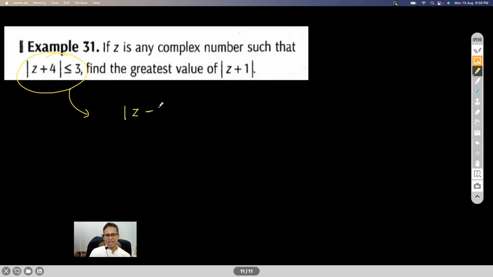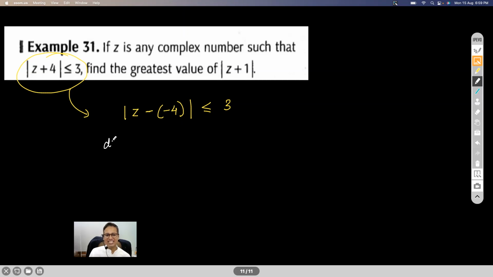Mod of z minus 4 less than or equal to 3. So as a person who has understood the geometrical meaning of mod z1 minus z2, how will you read this?